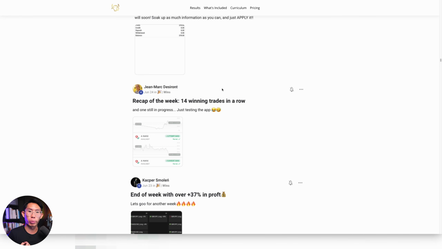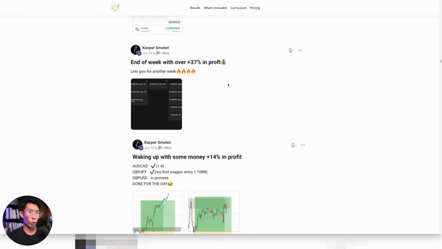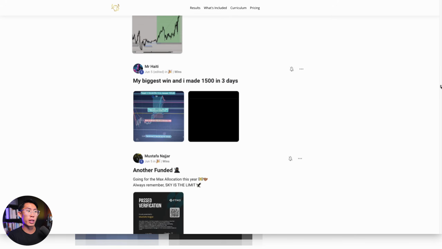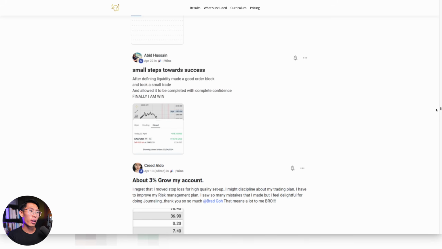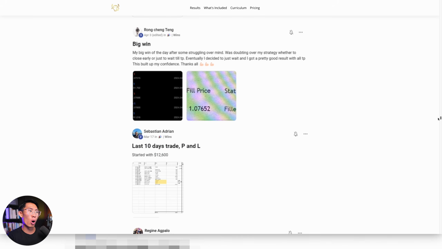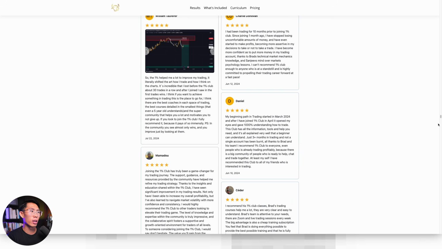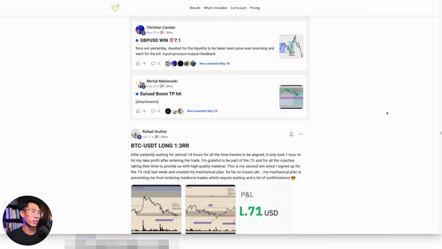I've made money from trading and I've shared it with the entire world, sharing with you guys how I personally trade so that you guys can make money as well. So if you need more proof that my students are profitable, just come here and scroll. It's an endless freaking scroll, right? You can see people from all over the world, from Bangkok, Australia, US, London, they're just profiting.